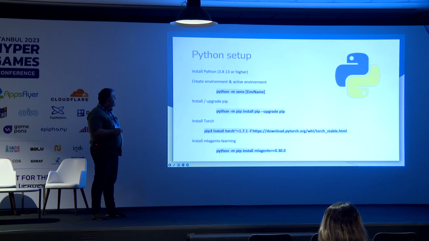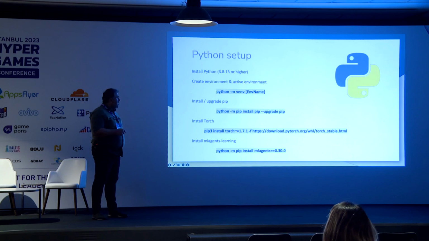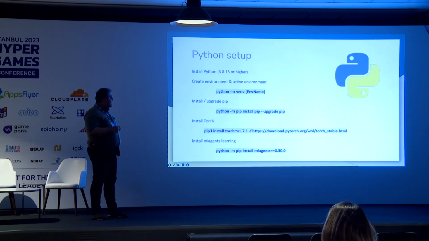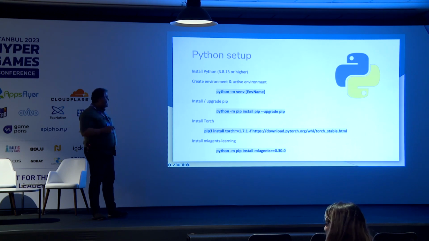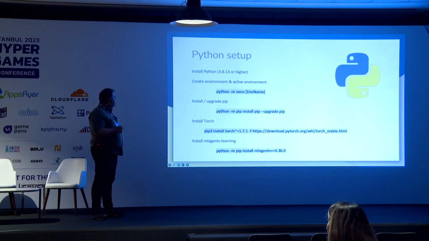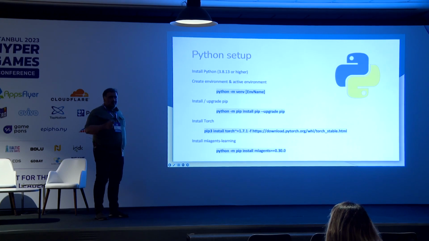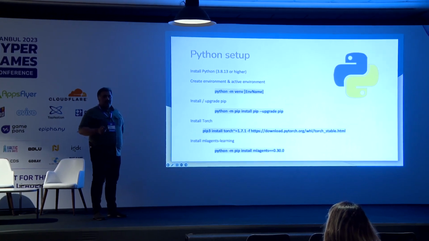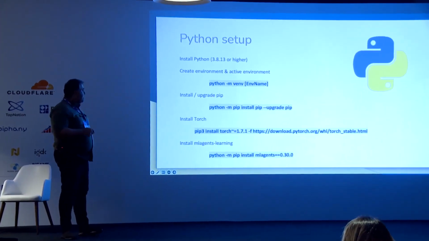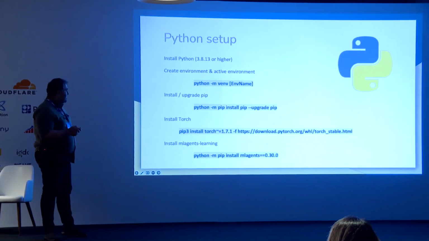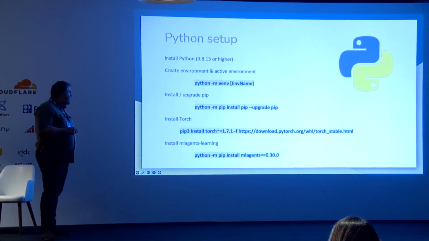It's preferred to install Python version 3.8.13 or higher, based on what the Unity ML Agent toolkit puts on their GitHub. After installing Python, we have to create an environment. Environments help Python interact with each project separately. This means you can create an environment for each project, and they don't conflict with each other in config or settings. Then we have to install pip.